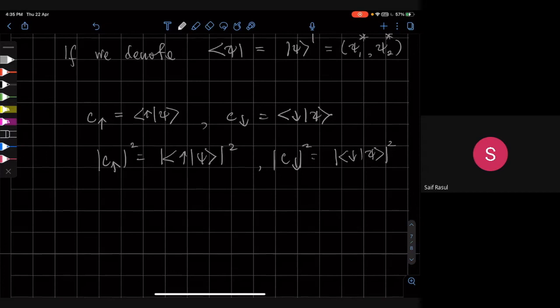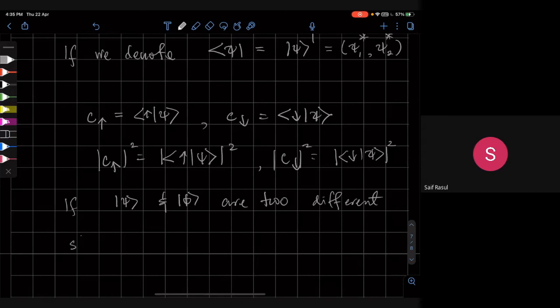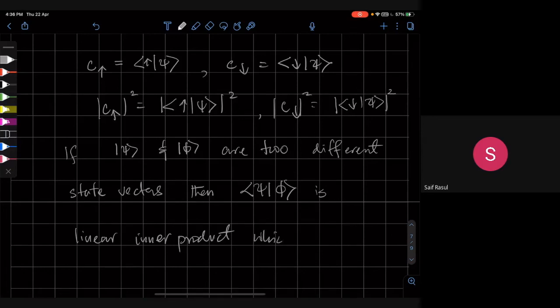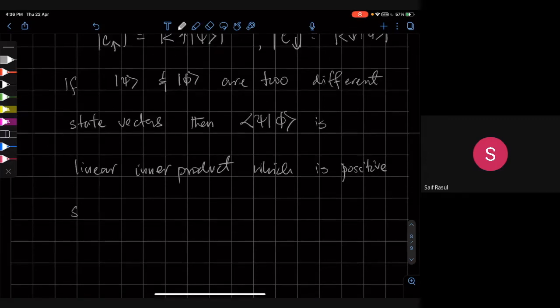Okay? So if psi and phi are two different states or state vectors, then this thing is a linear inner product, which is positive semi-definite.